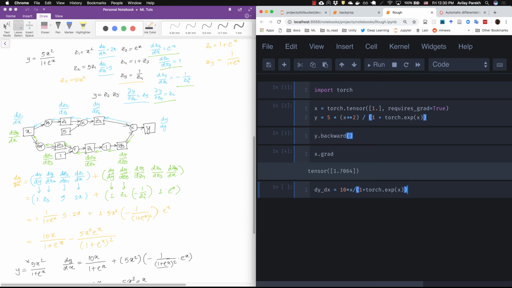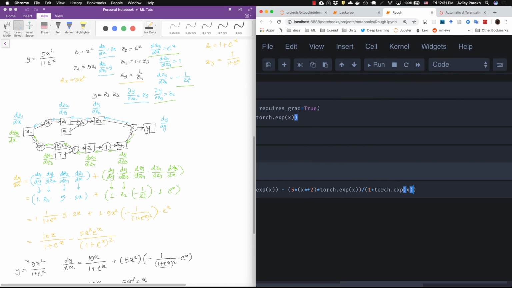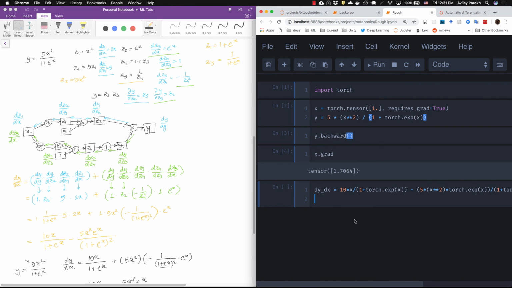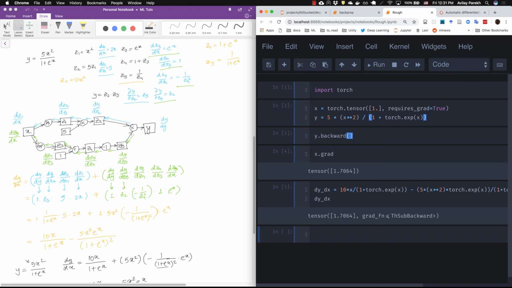So this is the blue part of the equation, minus 5 times x squared times e to the power x divided by 1 plus e to the power x, and this whole thing squared, right? Let's see what that looks like. Sure enough, we get 1.7064.